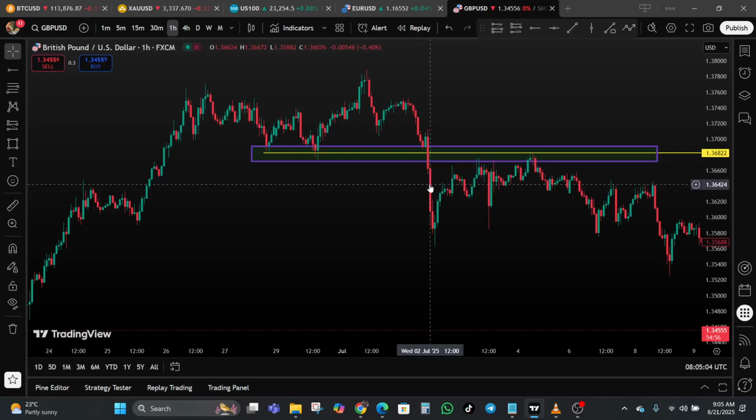This sudden move shows intent, but the market doesn't usually travel in one direction forever. It tends to return to these institutional footprints.